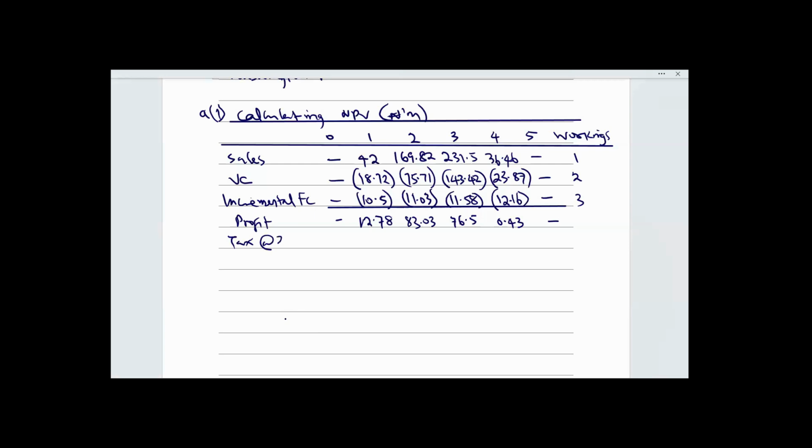The tax rate according to the question is 30%. And we are told that tax is paid 1 year in arrears, which means that the profit of year one will be taxed in year two. So 30% of 12.78, that's 3.83.